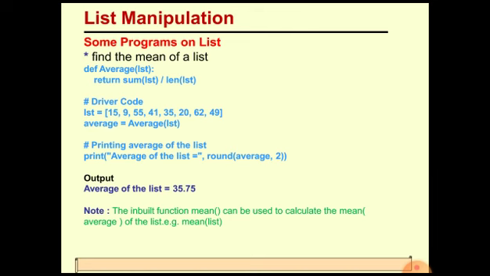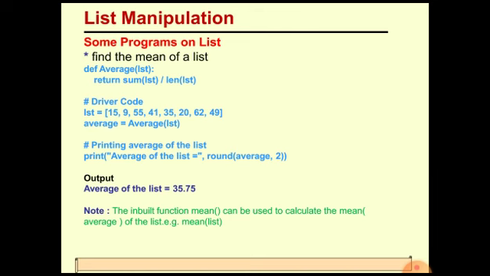So this is the formula of the average itself. Sum is the predefined function which will sum all the elements of the list, and len is the predefined function which will tell you the number of elements in the list. So this expression will return you the average. Then this return statement will evaluate this expression, and whatever is the value after evaluation, that evaluated value will be returned by the return statement.